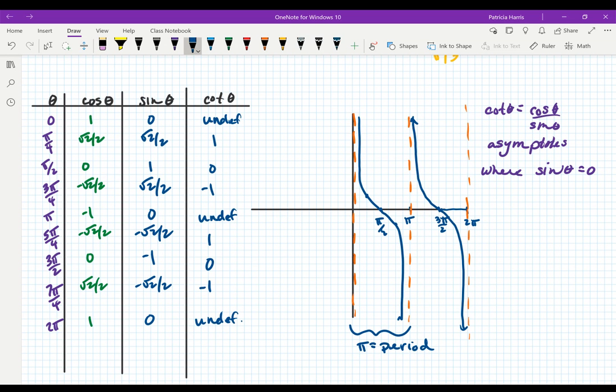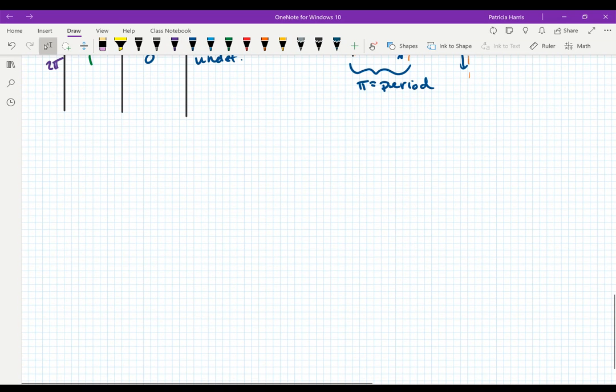So we're going to try to graph one, with the phase shift and all of that. Okay, here we go. All right, so I've got 2 cotangent of 2x plus pi plus 3.